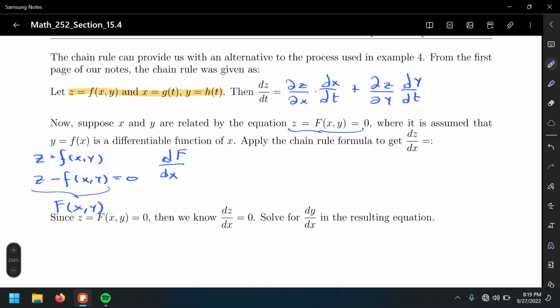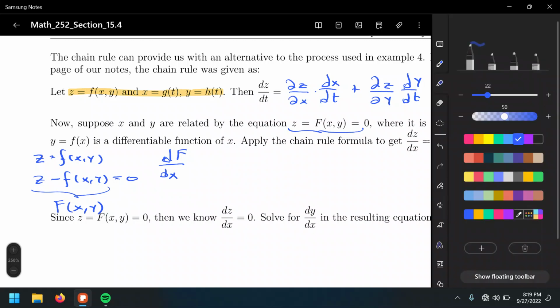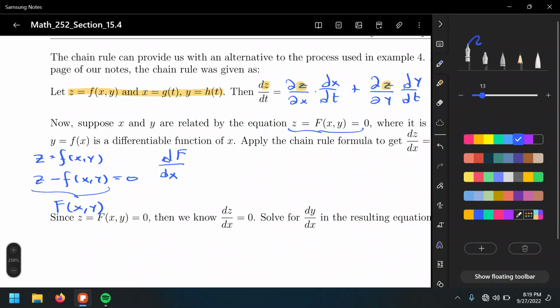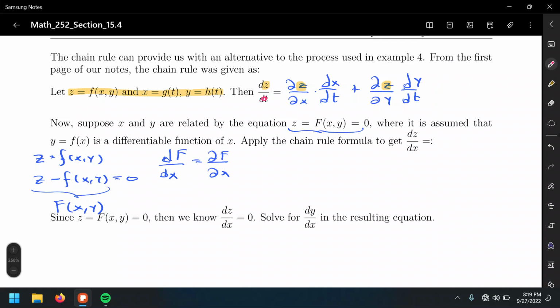Alright, so these z's right here are going to become f, and in this case we are no longer differentiating with respect to t.